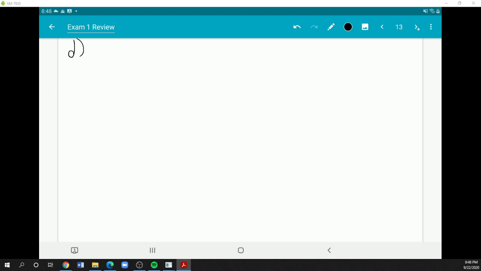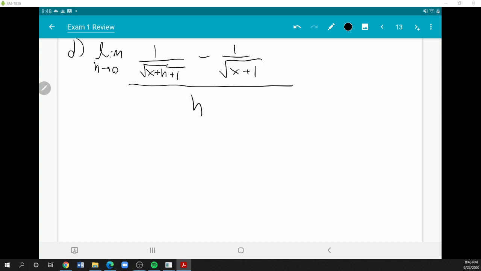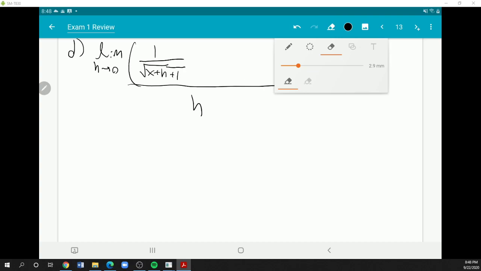So I have, by the definition, this is going to be limit as h goes to 0 of 1 over root x plus h plus 1 minus 1 over root x plus 1, over h. Now I do that same thing I did last time. So again, what I wrote was right, but I need to have some room.